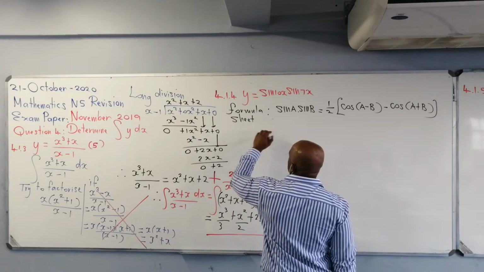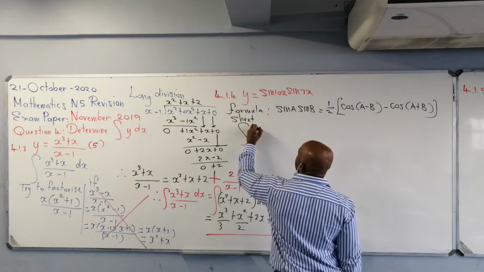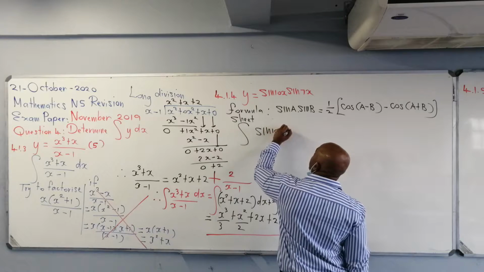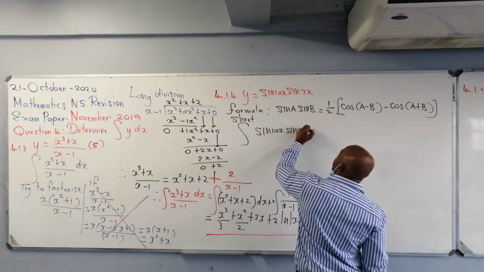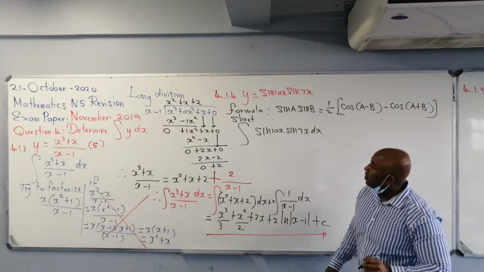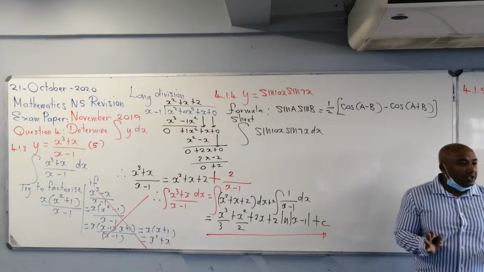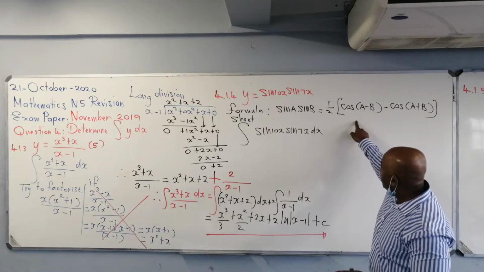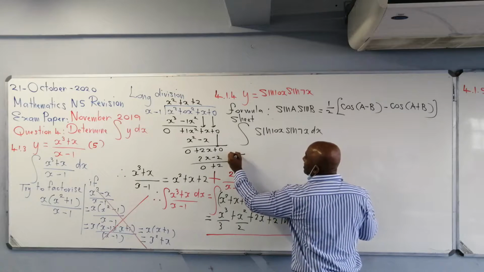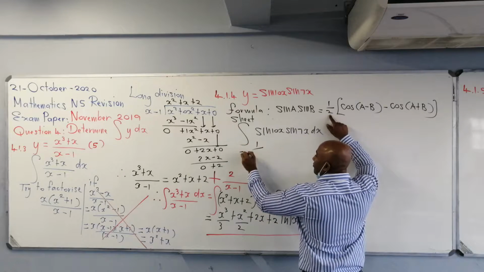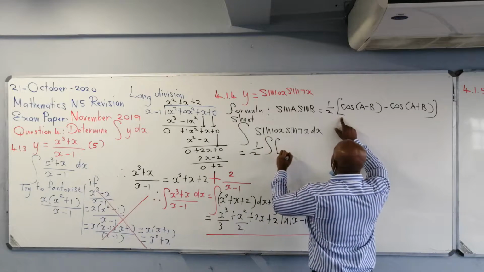Right, so let's deal with this now. So what is the question? We need to integrate sine 10x sine 7x dx. So all you do is you use the formula first, right? Then you will integrate. So now this is equal to, you can see there's a half there, open brackets.